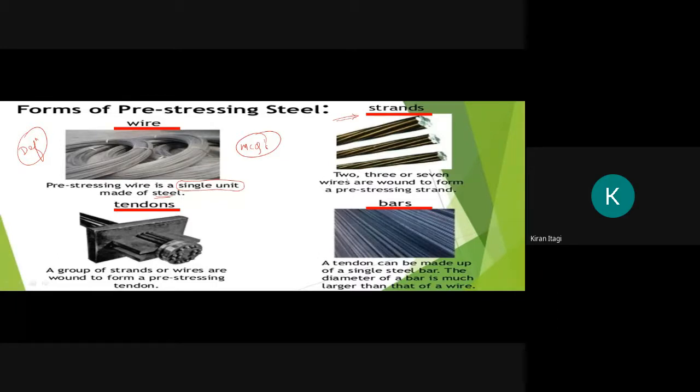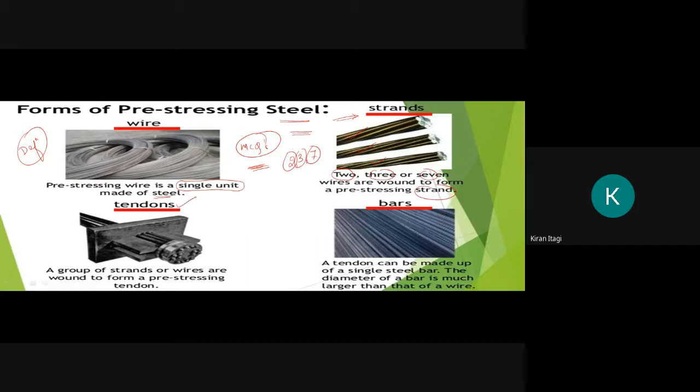Strands are a group of 2, 3, or 7 wires wound together to form a prestressing strand. They take one steel, two steel, or 1, 2, 3, up to 7, and form this shape like this. The group of steels, either 2, 3, or 7, we call a strand.